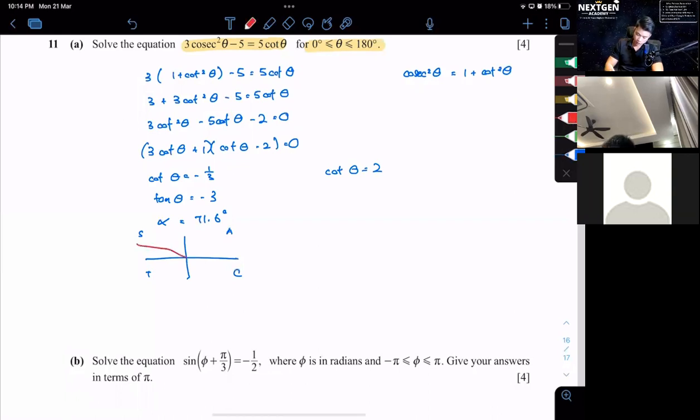So here will be the negative. Right? So your answer for here will be theta equals 180 minus 71.6 degrees, which is 108.4 degrees. Okay, 108.4 degrees.